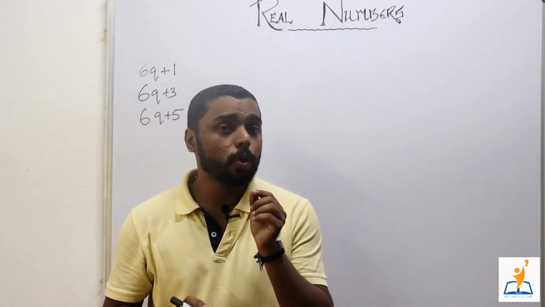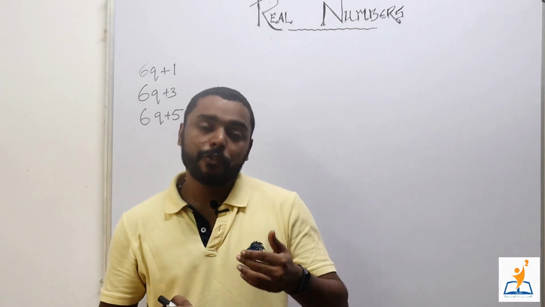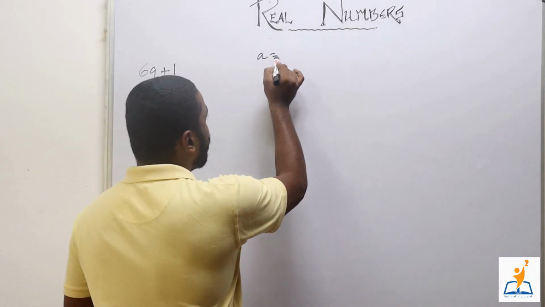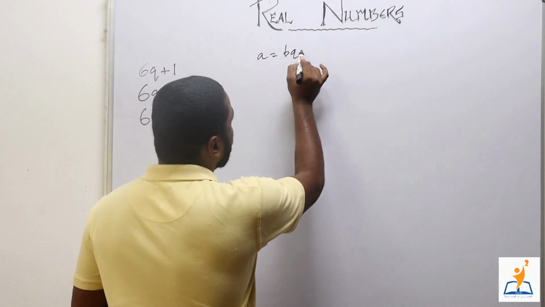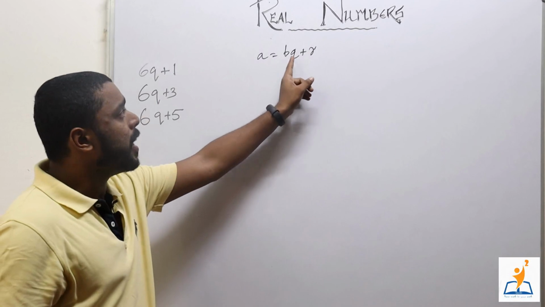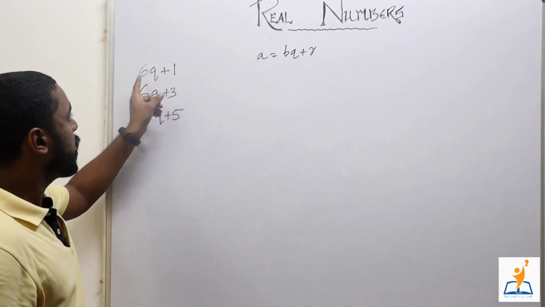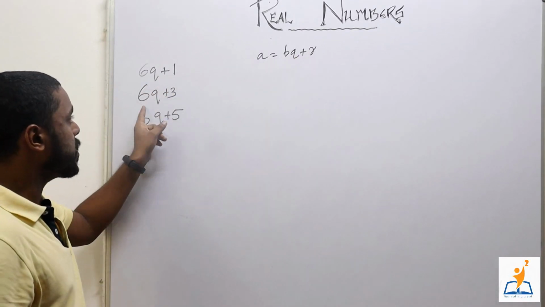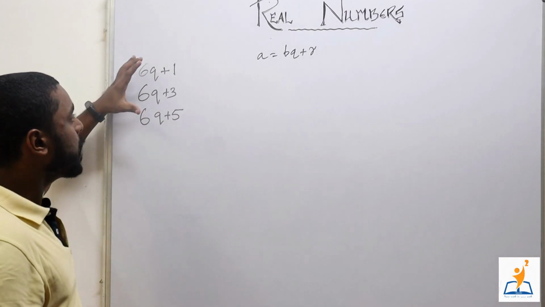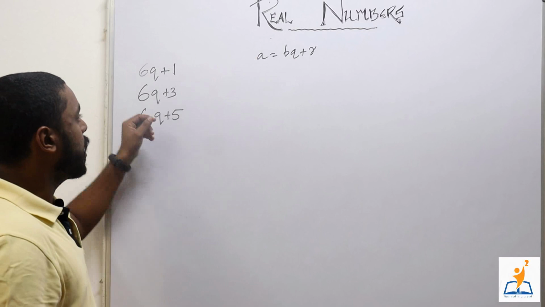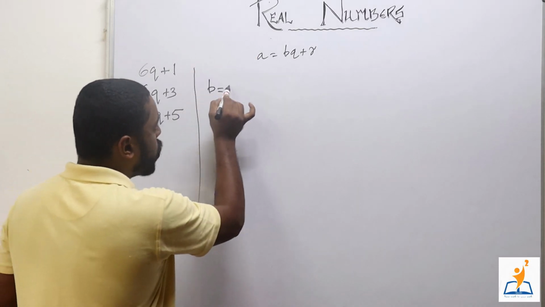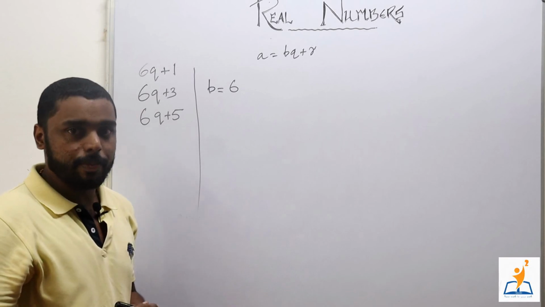We know that by Euclid's division lemma, we can represent any integer a in the form of bq plus r, right? Here, bq plus r, see 6q plus 1, 6q plus 3, 6q plus 5. From this comparison, it is clear that b is equal to 6 in this question.